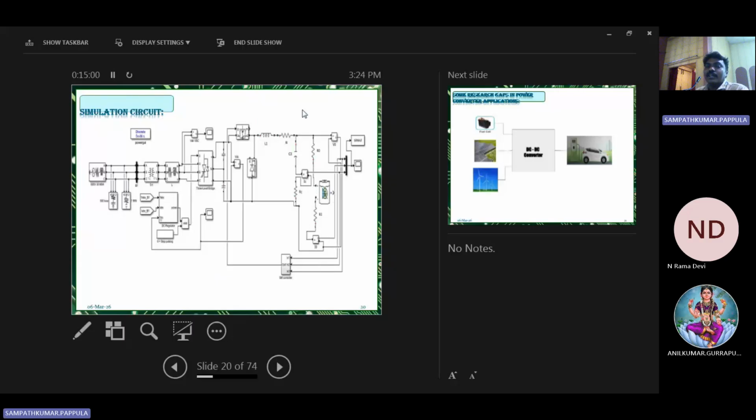Or otherwise, if they are using a simple buck converter with a PI controller here, instead of the PI controller, if you use the fuzzy controller for the same thing and you identify some small modification in the results, then your work is completed.